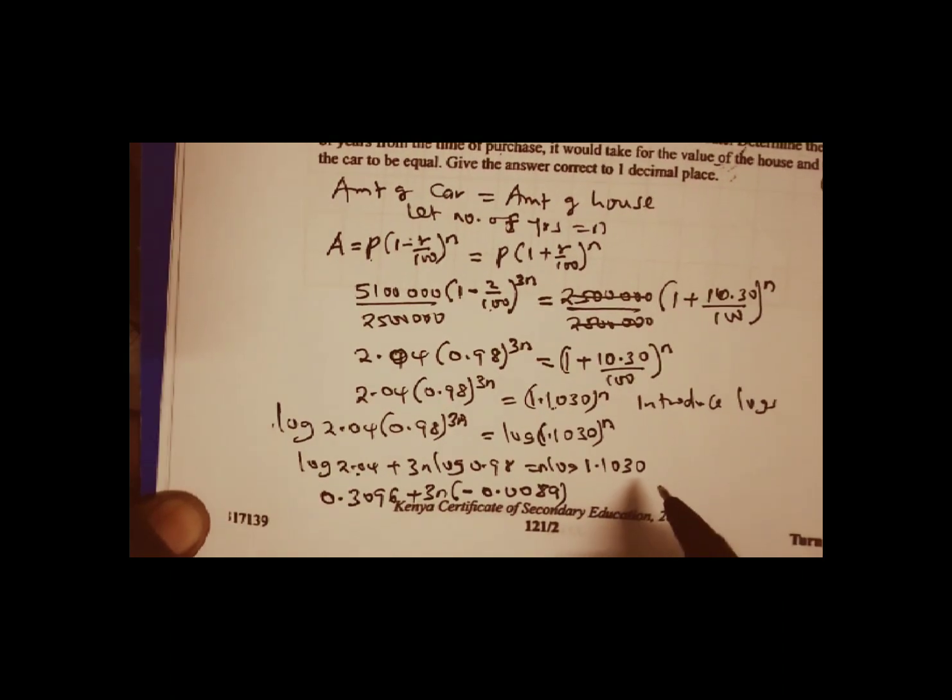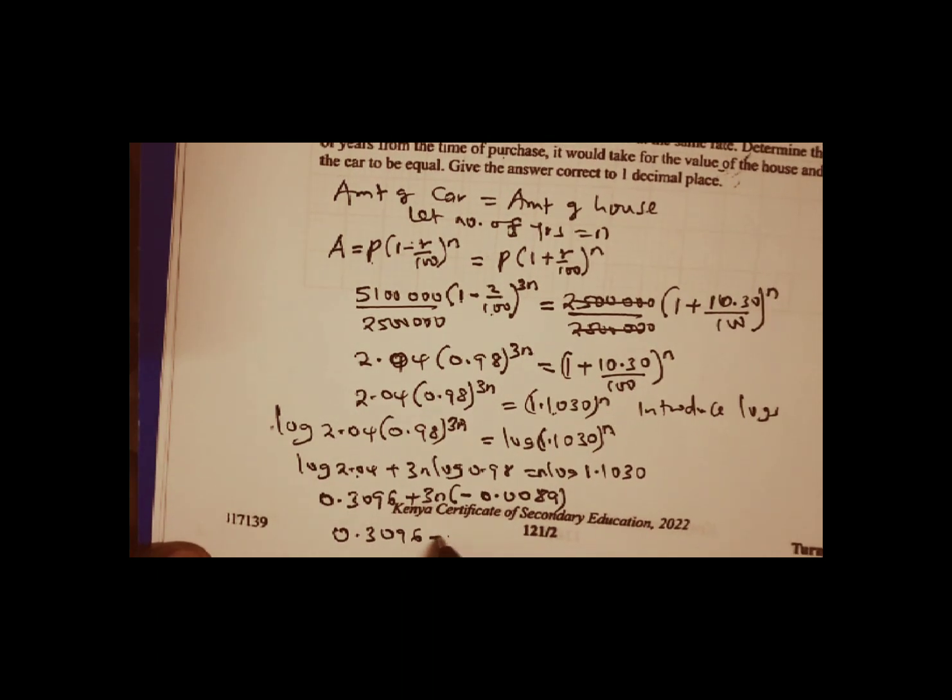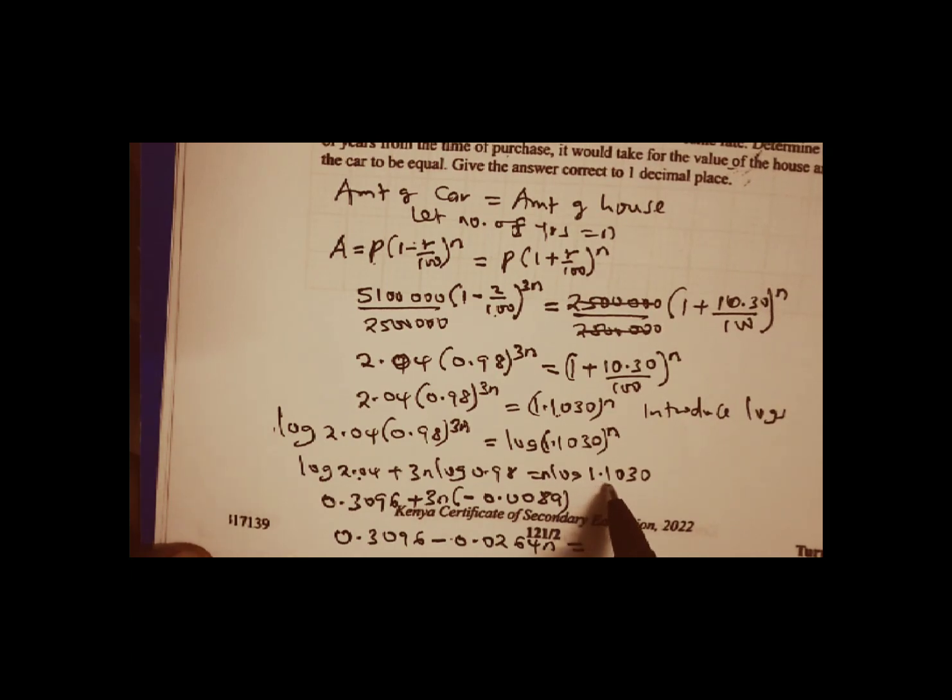If we proceed, we are going to have 0.3096 minus 3n multiplied by 0.0089. We have an answer equivalent to minus 0.0264n being equal to the log of 1.1030, which is 0.0426, multiplied by n, which gives us 0.0426n.